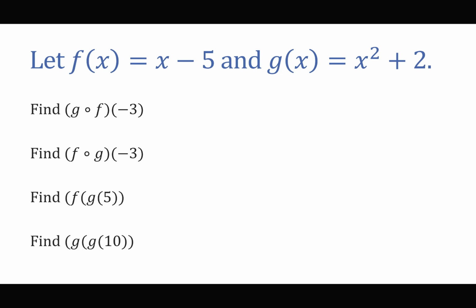So f of x is x minus 5, g of x is x squared plus 2. You notice the first two lines, it says g composed with f, and then f composed with g. Order is important. Those mean different things. Okay, so g composed with f, if we want to think about that, this one we could write out, and we could say g of f of negative 3.